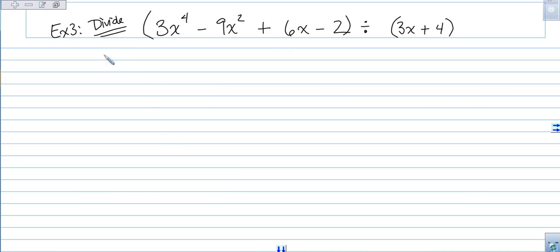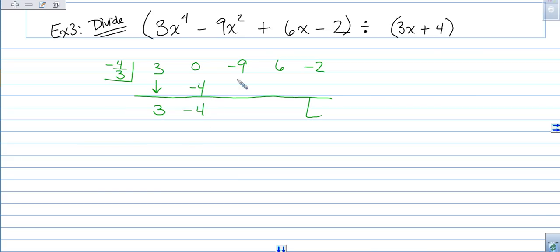Alright, now that you've had a chance to work it out, it should be negative 4 over 3 goes up here. Then you get 3, 0, negative 9, 6, negative 2. Don't forget the 0. Okay, so 3 comes down, you end up with negative 4 here.